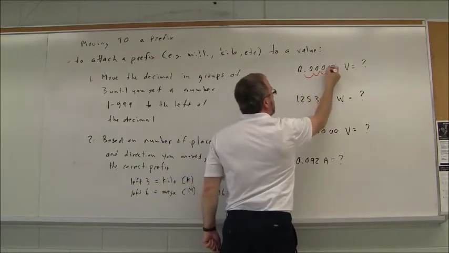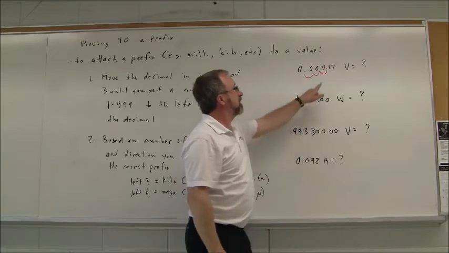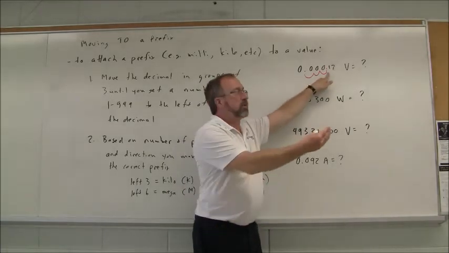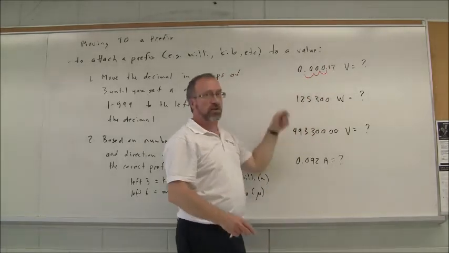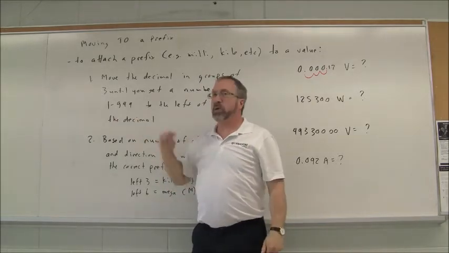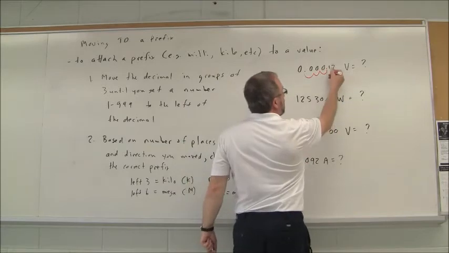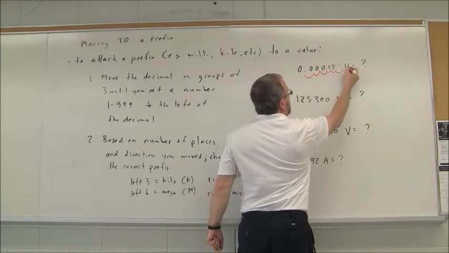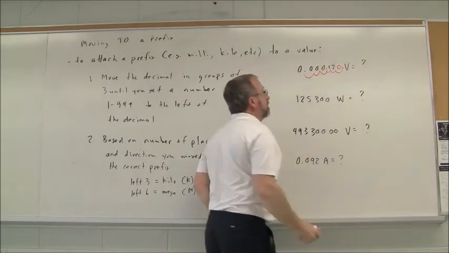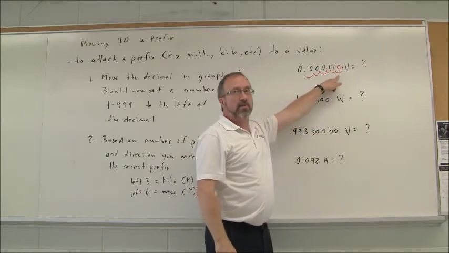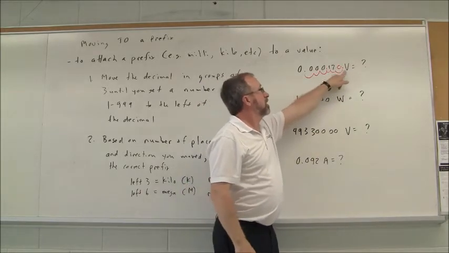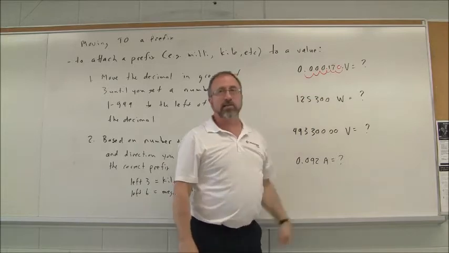1, 2, 3. And if I put the decimal here, the number on the left of the decimal is 00000. That's not between 1 and 999. So I have to move it 3 more times. From here, 1, 2, 3. I need a 0 placeholder for that 3rd spot. With the decimal here, the number on the left is 170.